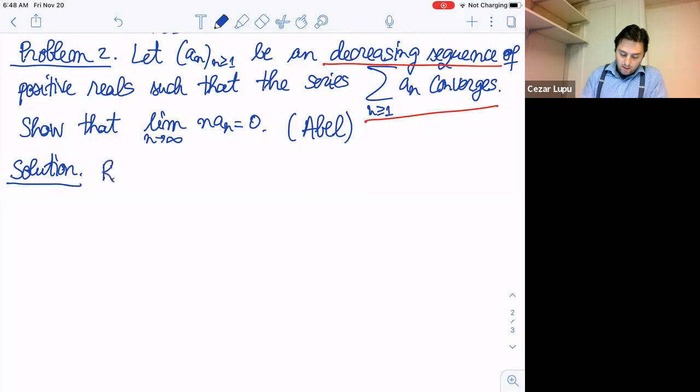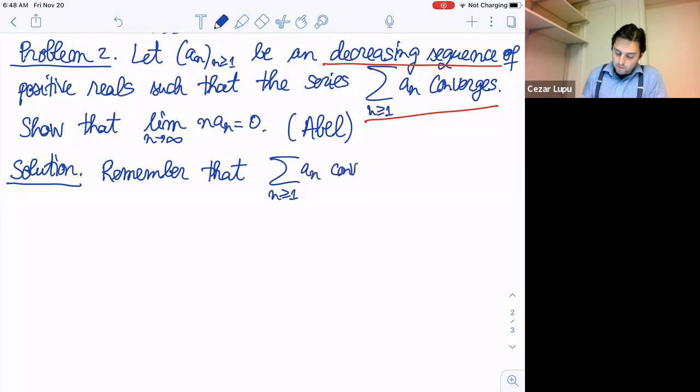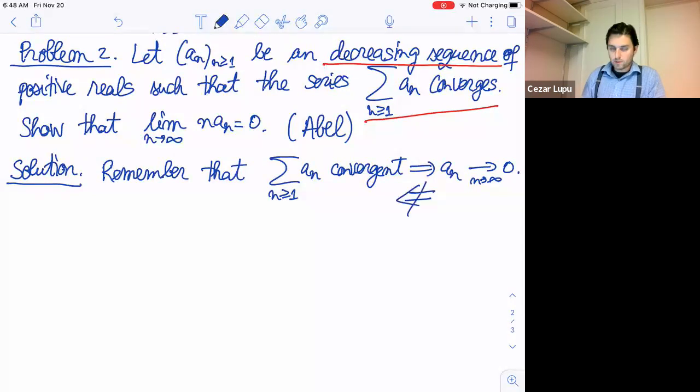So remember that the series of a_n convergent implies a_n will approach 0 as n approaches infinity, but not the other way around. So the other way around does not hold true.